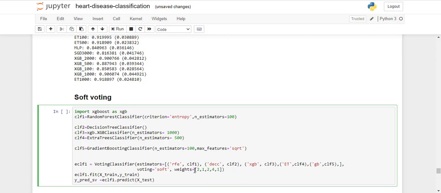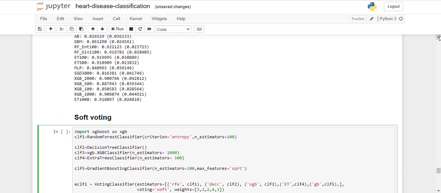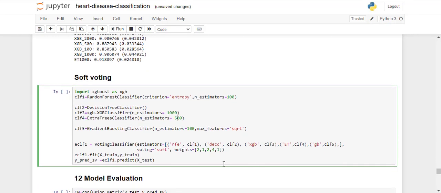So in our case, random forest entropy has done a good job. So we'll be giving four weightage to this, one to decision tree, two to XGB, three to extra tree because it is 91.8, quite near to random forest.